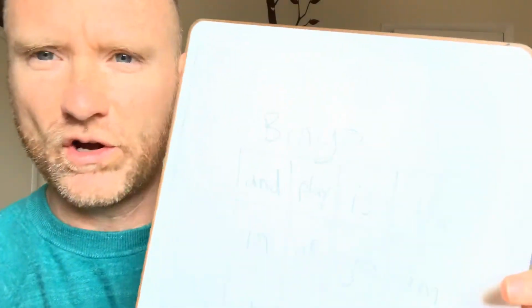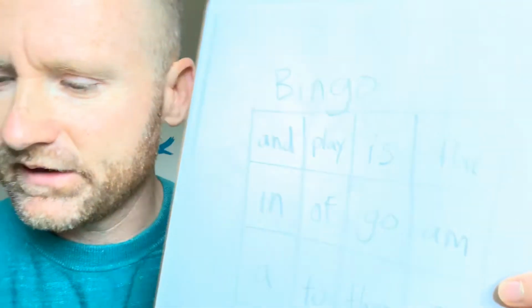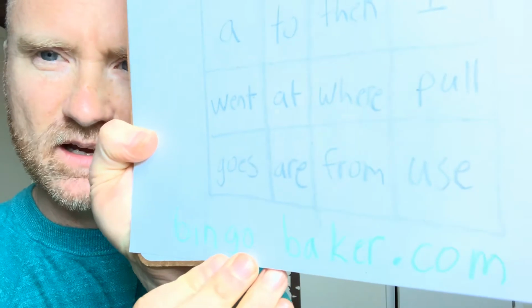Bingo. You can make your own. You can even use the Excel spreadsheet. It might be a little bit hard to see, but you just make your own bingo card with several different sight words, and then just use your pile of flashcards and call them out that way and play bingo with your child. There's also a website, bingobaker.com, if you can see that.